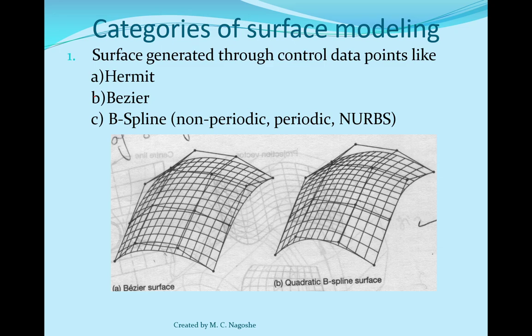So what is the Boolean set operation? There is only one simple geometry, and that geometry is the brick. There is no other geometry. Now, where has this concept arisen from? In older days, we used to construct various buildings, our household models, with the help of bricks, and today also we are doing it.